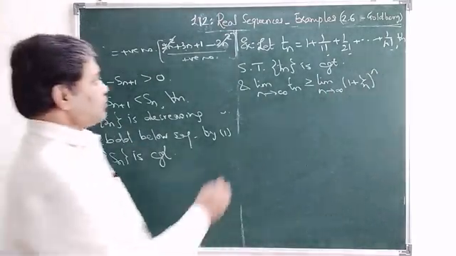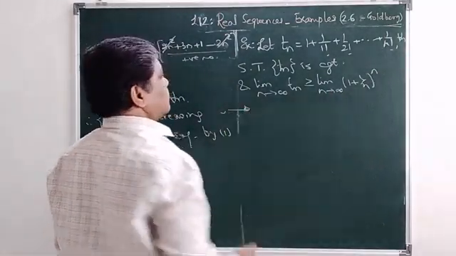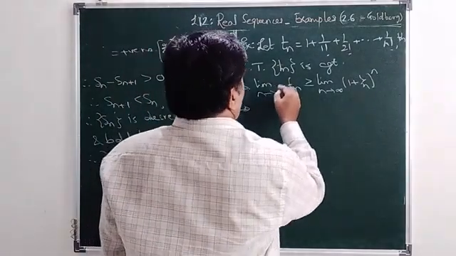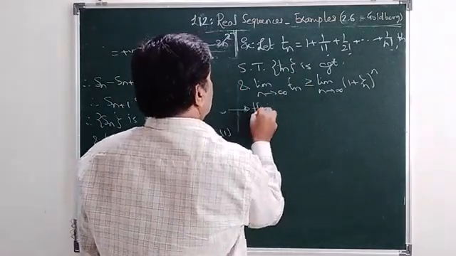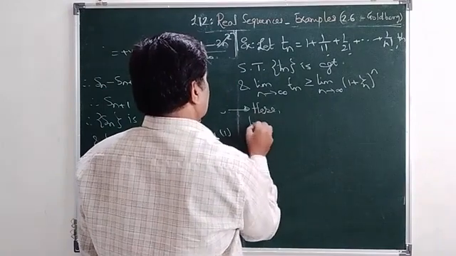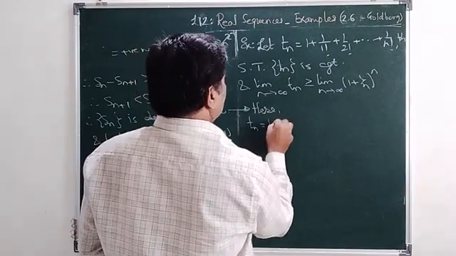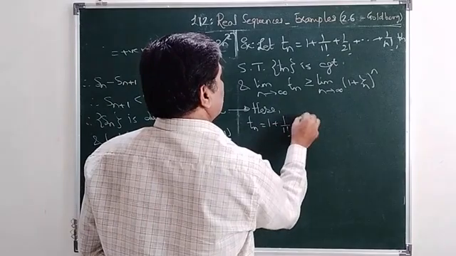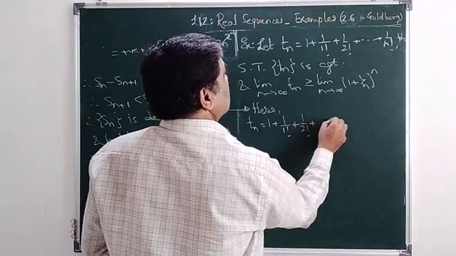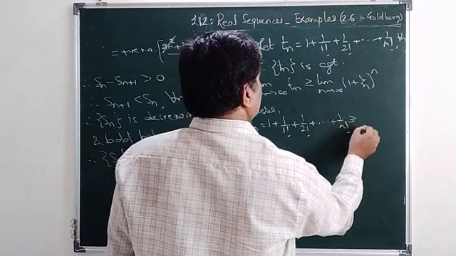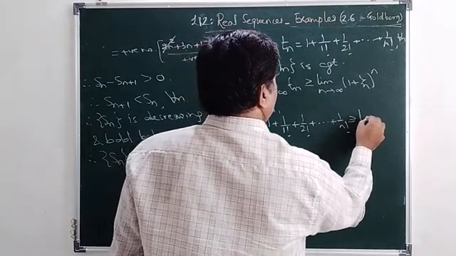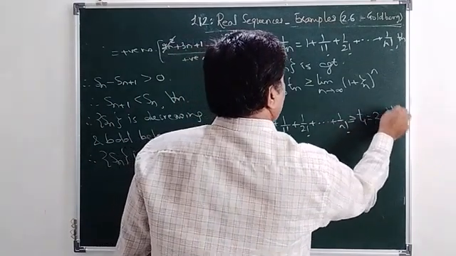Okay. So here Tn is equal to 1 plus 1 upon 1 factorial plus 1 upon 2 factorial plus dot dot up to 1 upon n factorial. This is greater or equal to T1, which is equal to 2, for every n.